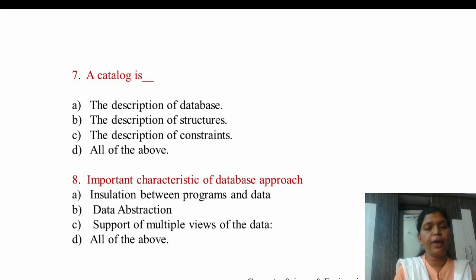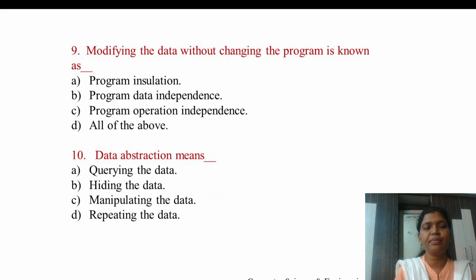Answer. Eighth one, important characteristic of database. Which are the important characteristics? Just now we have discussed, right? The options: insulation between data and programs, data abstraction, support for multiple views of the data, all the above. Which one is true? Hope you are getting it right. Next, the ninth one: modifying the data without changing the program is known as, as discussed. It is one of the characteristics, right?